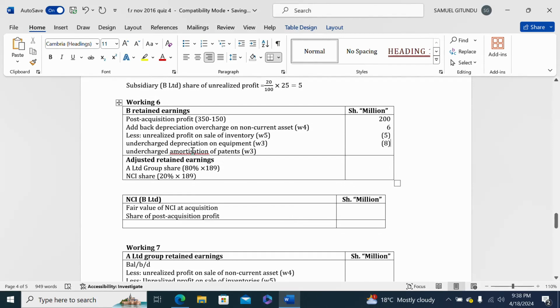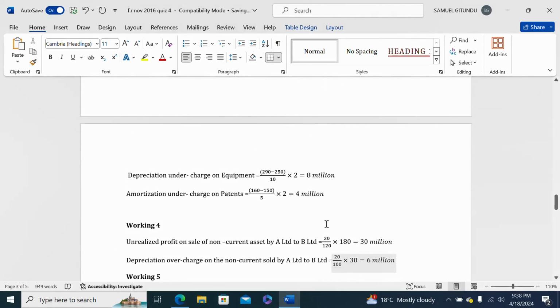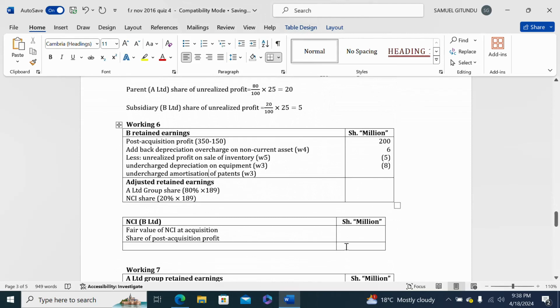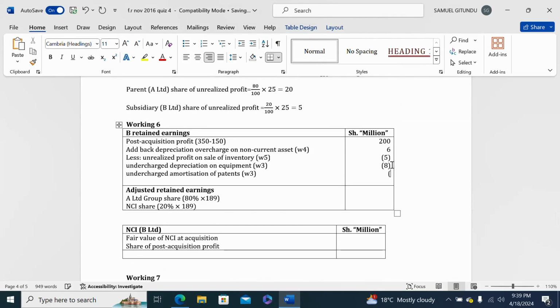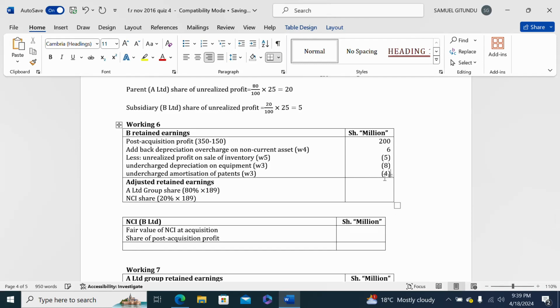And then the undercharged amortization in working note number 3 is 4 million. So we deduct 4 million there. And if we do that, we are getting our adjusted retained earning as 189 million.